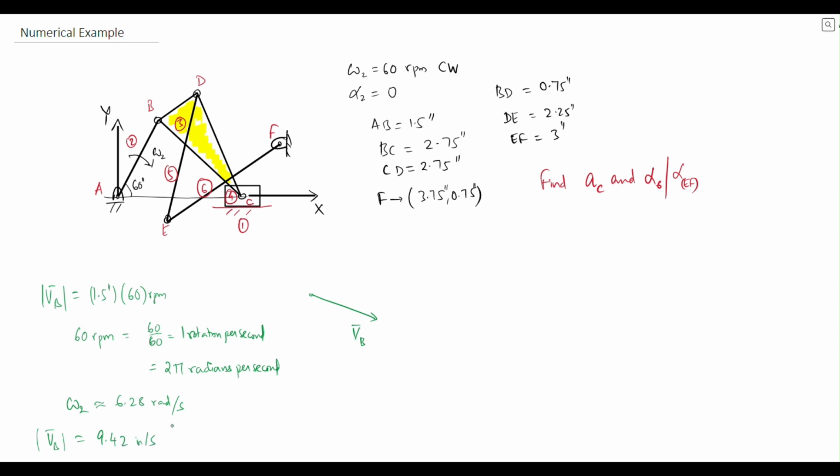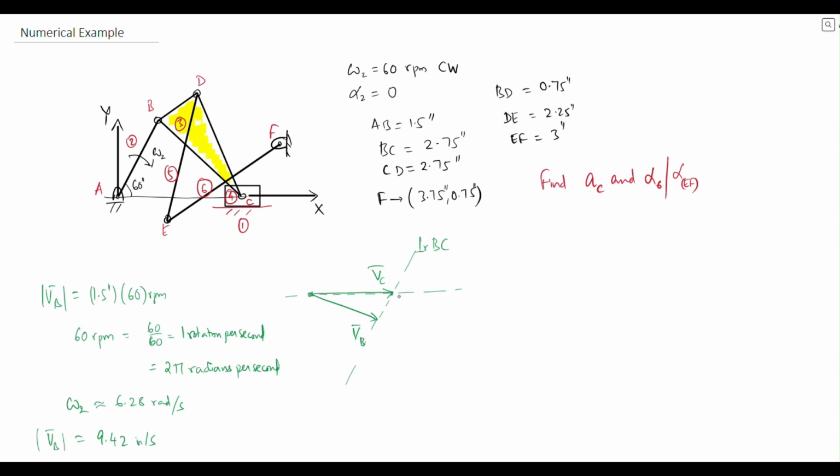9.42 inches per second, and we know it is normal to AB in terms of the direction, and we know the sense because the RPM is given as clockwise. From there, we can draw a line from this point parallel to the sliding axis, and then we can draw something which is perpendicular to BC, which will give us the velocity at which the slider is moving.